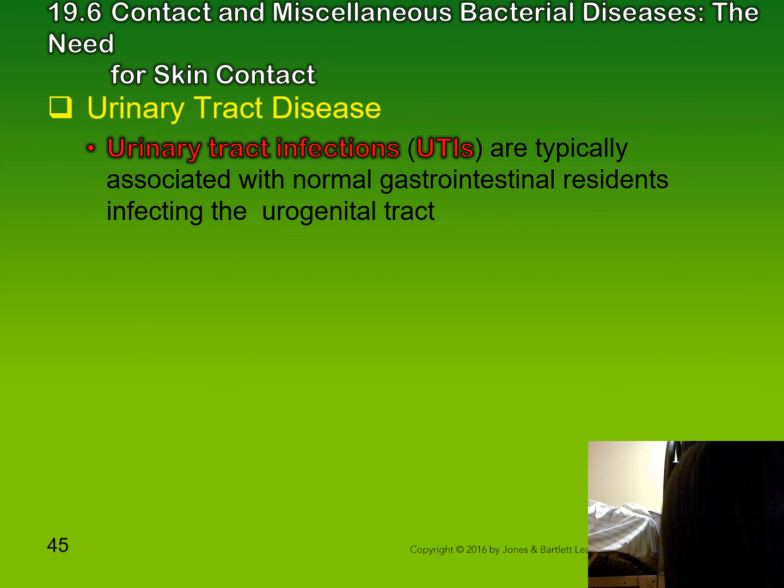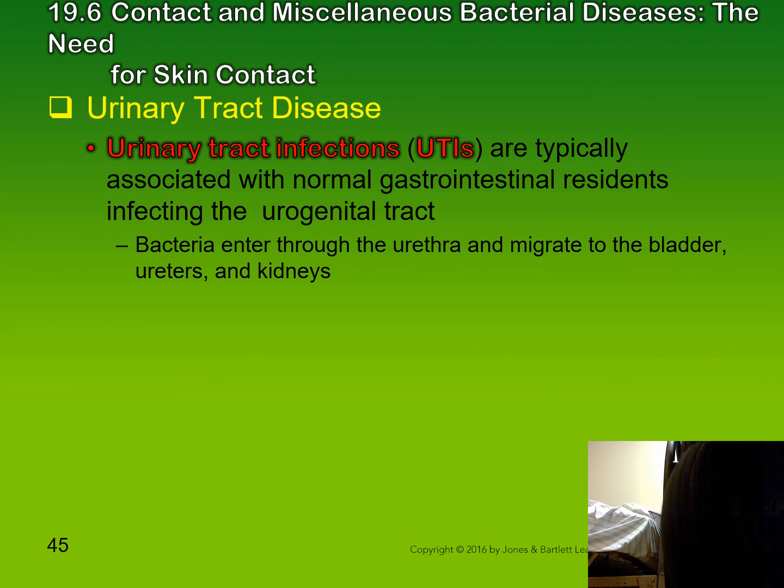Urinary tract infections, or UTIs, are associated with normal gastrointestinal residence of the urogenital tract, and like I said before, this is another example of where the normal flora of the urogenital system is causing the disease.